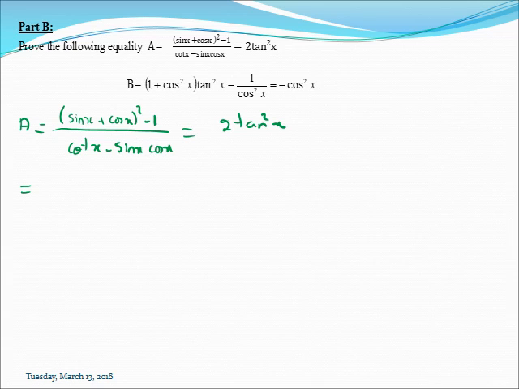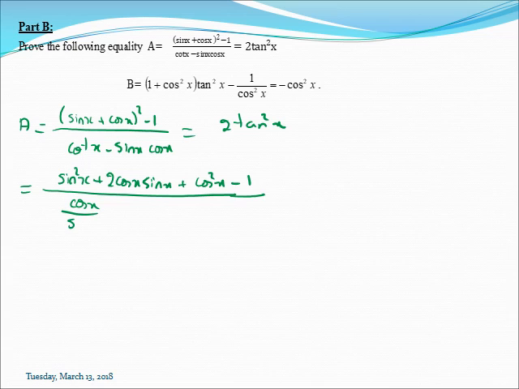Use the remarkable identity: sine square x plus 2 cosine x sine x plus cosine square x minus 1, all over cotangent, which is cosine x over sine x, minus sine x cosine x. Sine square plus cosine square is equal to 1.